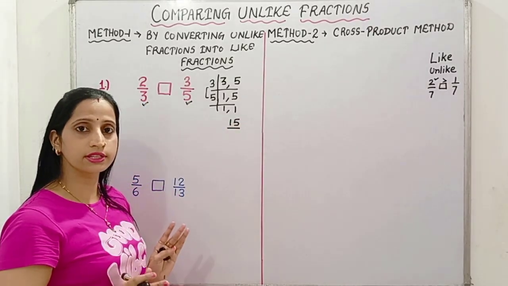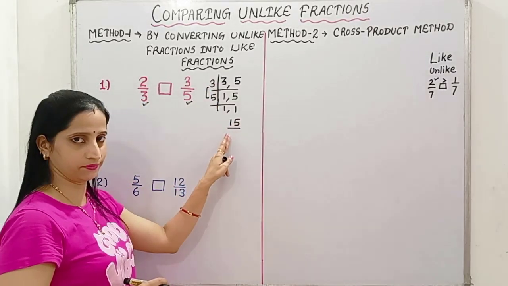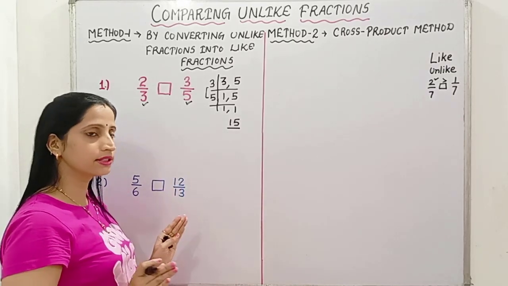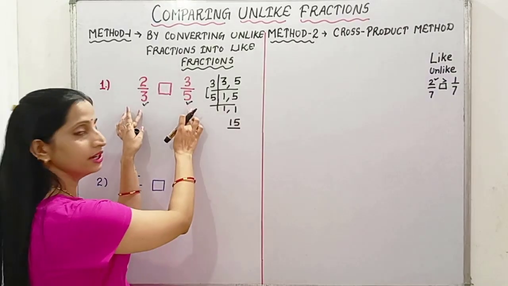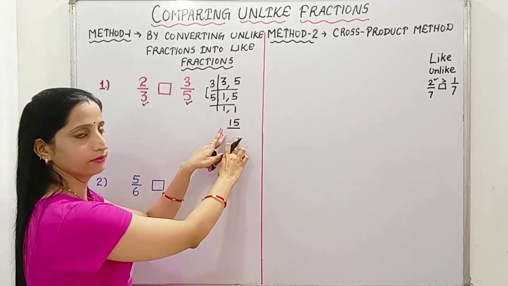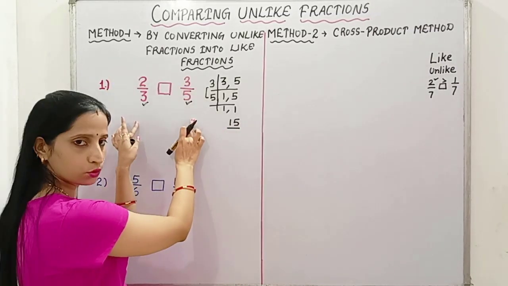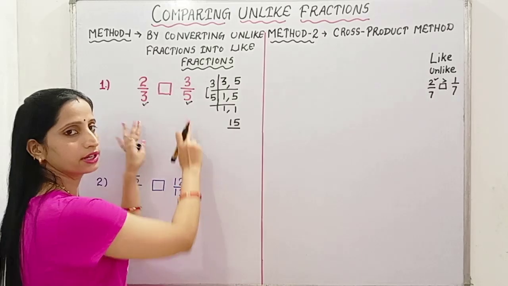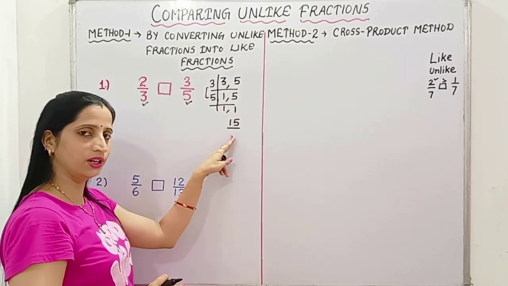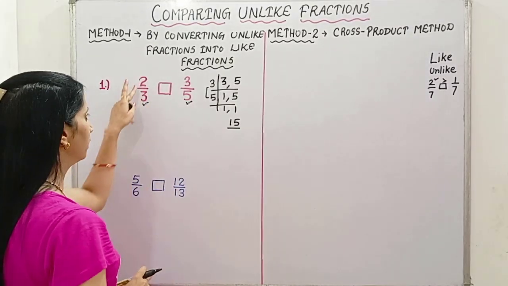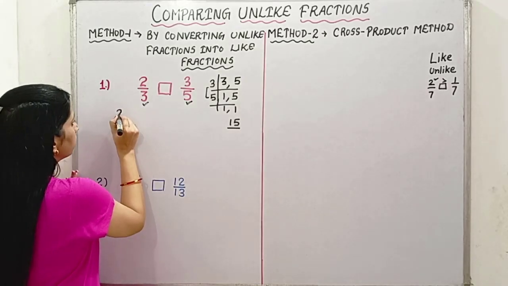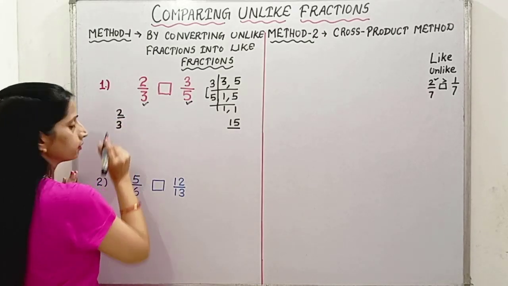So what is our first step? To find out the LCM. The second step is to make the denominators equal to the LCM. This means in this question we have to make the denominators 15. Then only we can compare. So let's take the first fraction, 2 upon 3.